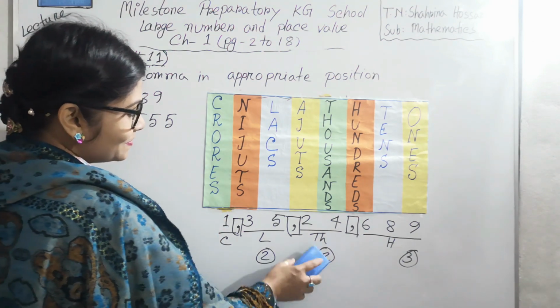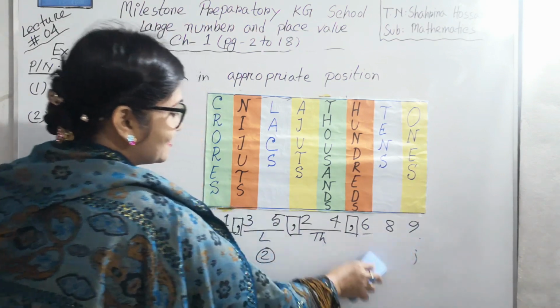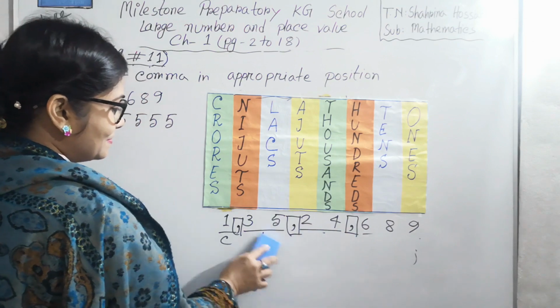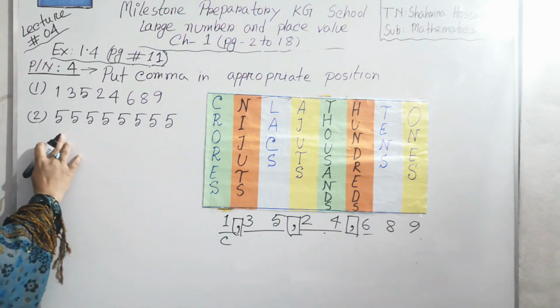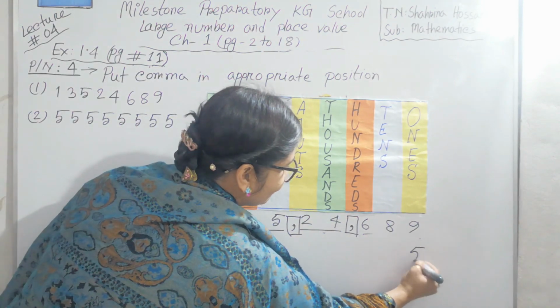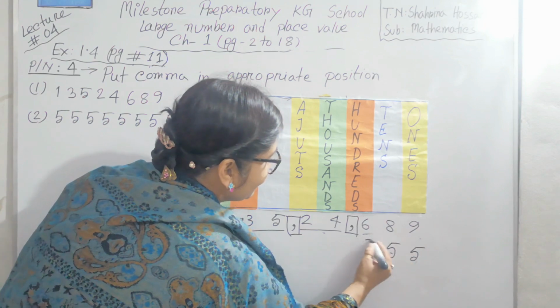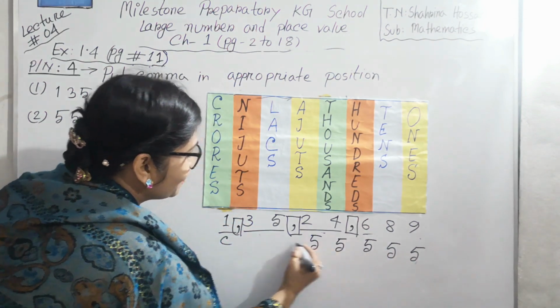Now let's come to the second number. Here the second number is, from the right side, 5, 5, 5, all are 5s.